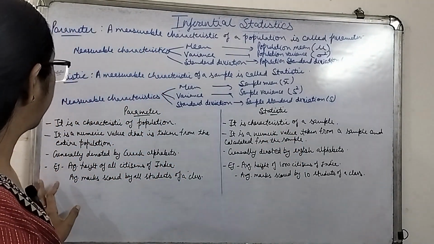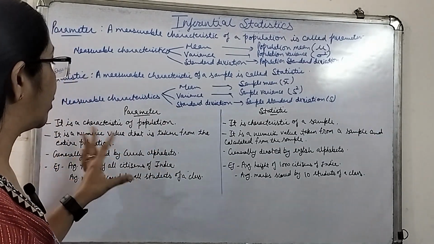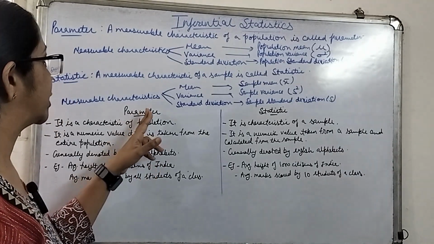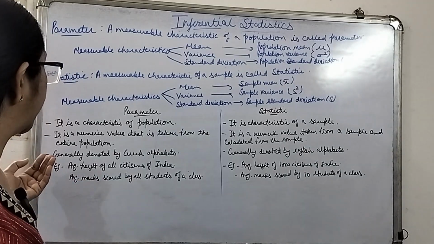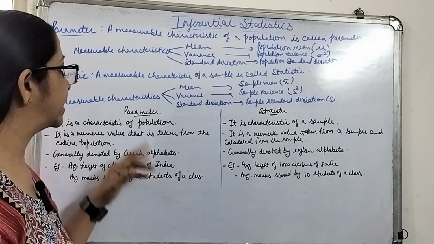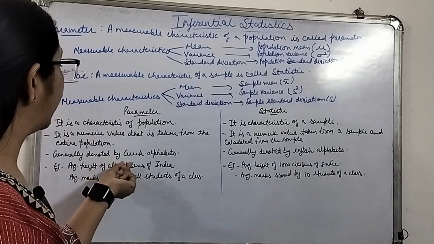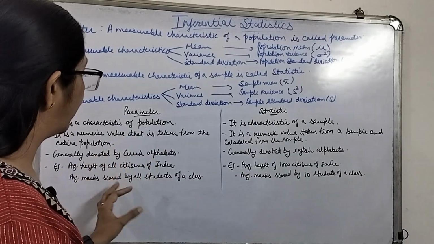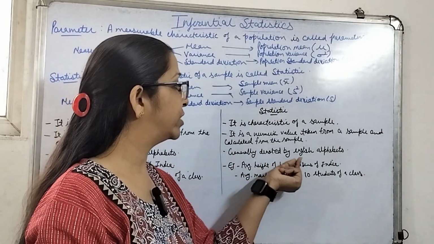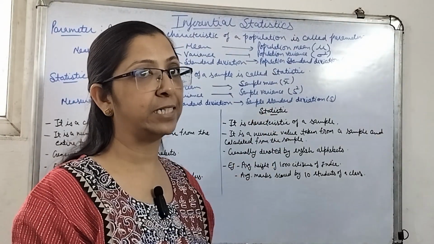Examples we can take: if we have to find the average height of all the citizens of India, here we are considering the whole population, so it is your parameter. Or if we calculate the average marks scored by all the students of a class, it is also a parameter. Now, instead of all the citizens of India, if we take a sample of, say, 100 citizens and calculate their average height, it is your statistic.